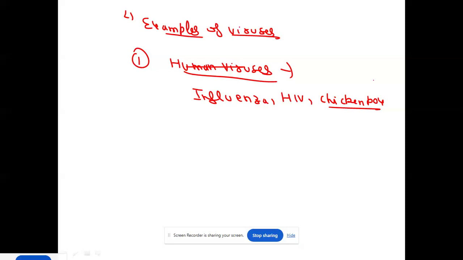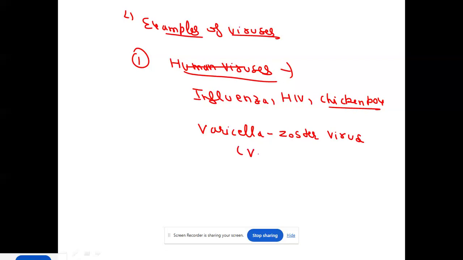Do you know which virus causes chickenpox? Okay, note it down. That is varicella zoster virus.